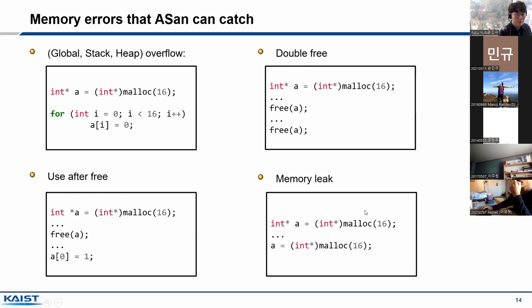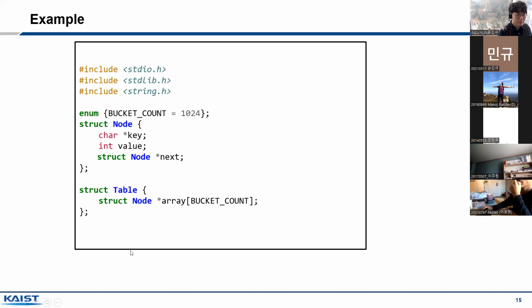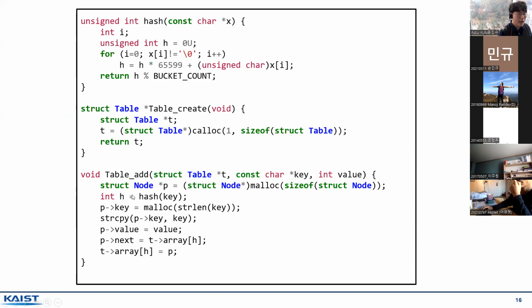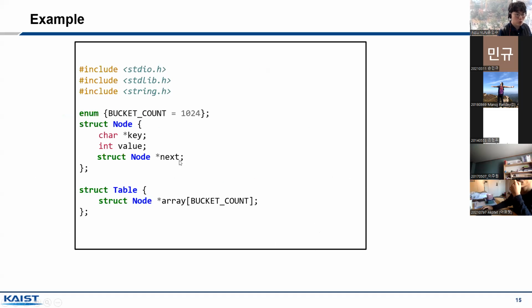And another type of bug is a memory leak. So we allocate a memory, but we miss the free, then it causes the memory leak. And address sanitizer can detect those types of errors. And we will see how we can use the address sanitizer to detect these errors. Let me show you with my terminal.